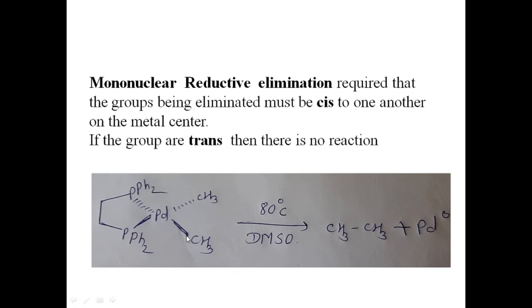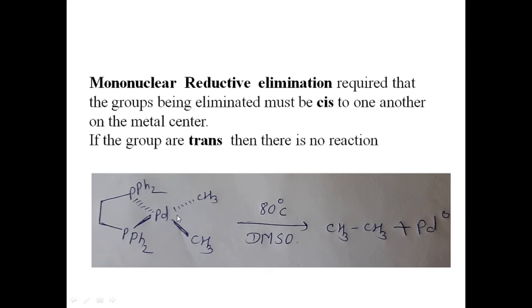This is the main thing in mononuclear reductive elimination. If the groups are cis to each other, that's why the elimination is carried out. If the groups are trans to each other, then there is no reaction.